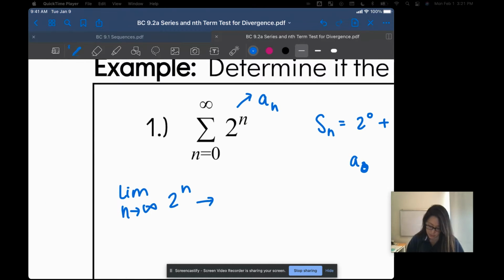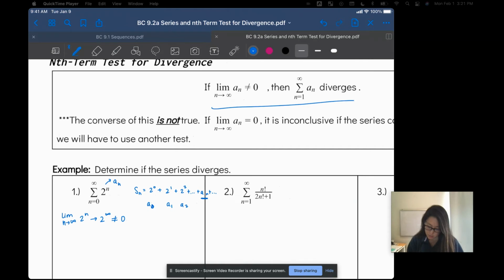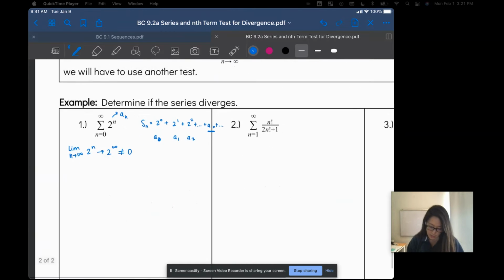So I'm going to plug in infinity. And so 2 to the infinity does not equal 0, okay, because all we're testing is if it equals 0 or not. And since it does not equal 0, according to our situation here, the series diverges.